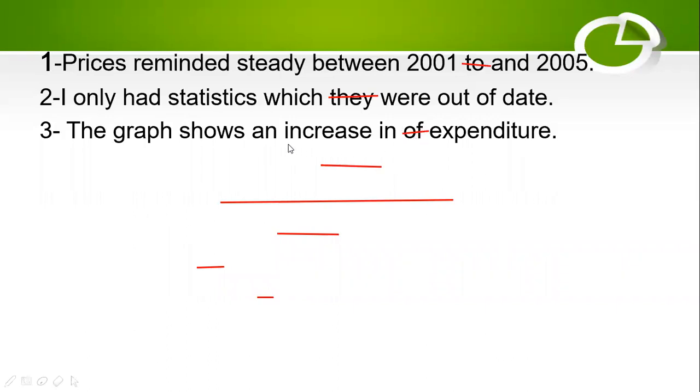As nouns, increase and decrease normally take the preposition in. After increase and decrease, we use the preposition in. Just for specific figures, we can say an increase of 10%, like this.